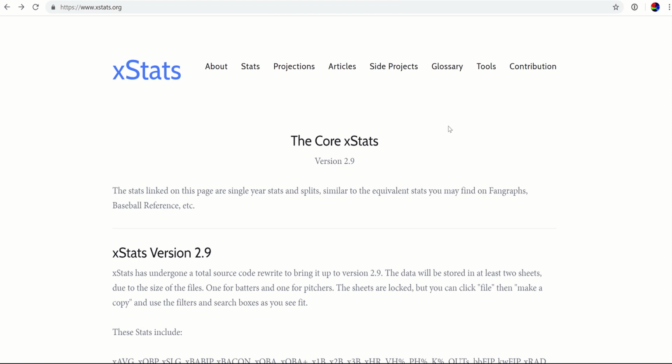Today we are going to look at one of my favorite fantasy baseball tools and resources, and that is xstats.org. xstats.org is a website created by Andrew Perpetua, who writes at Rotographs.